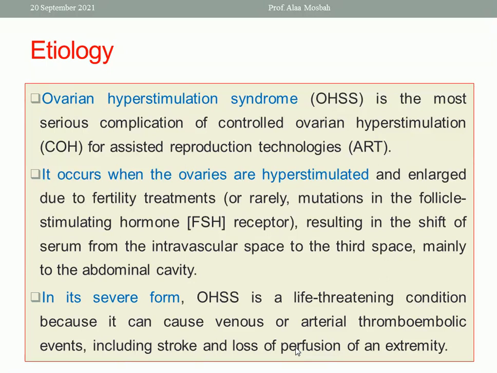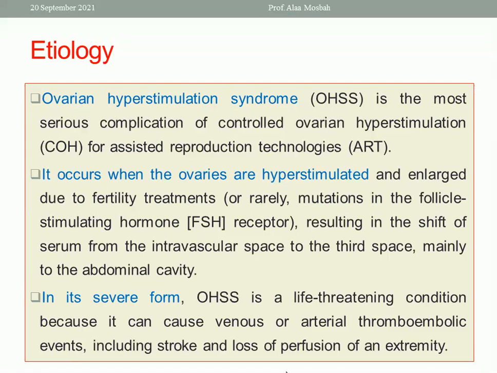It occurs when the ovaries are hyperstimulated and enlarged with the use of gonadotropin hormone, or in rare cases when there is increased sensitivity of FSH receptors. This results, in the end, in a shift of protein-rich serum fluid from the intravascular space to the third space, like the peritoneal cavity.